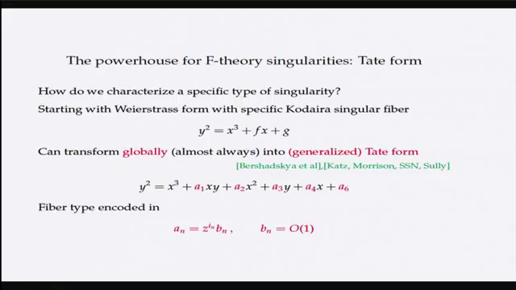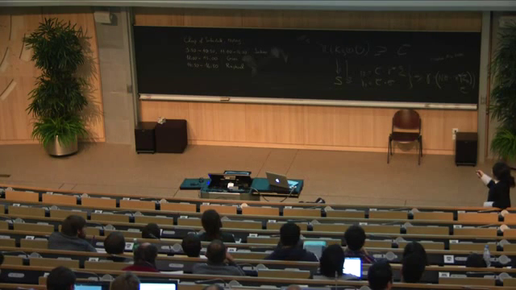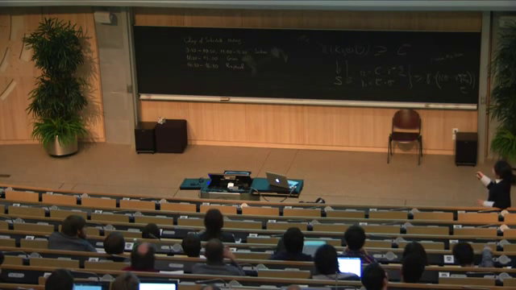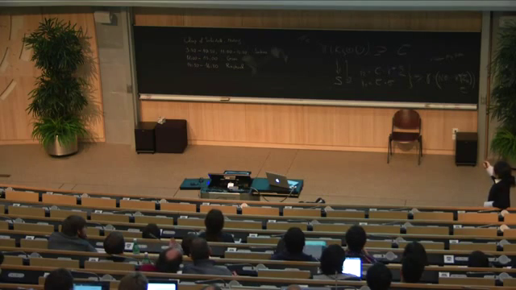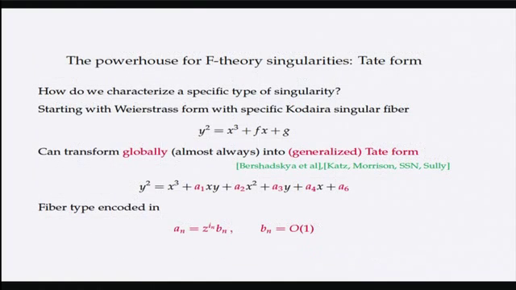And then there's a very specific prescription of how the vanishing order of these coefficients determines the type of singularity precisely. Here there was just a statement: if f vanishes to this order and delta vanishes to that order, then you'll get this kind of singularity. Here I'll say, this is an equation. If I would like to have a singularity of type so-and-so, I have a vanishing order of these coefficients given as in the Tate algorithm, and then at z equals 0, that singularity is realized.